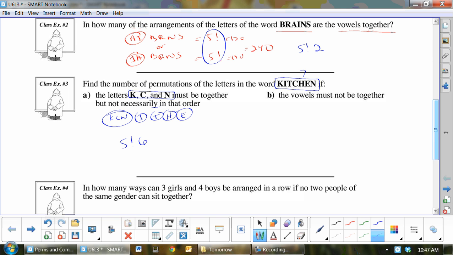What's another way I could write 6? Can anybody gain a generalization now? So if kitchen had another letter, like an O at the end, and I said arrange those 4 vowels, how would you do this one?